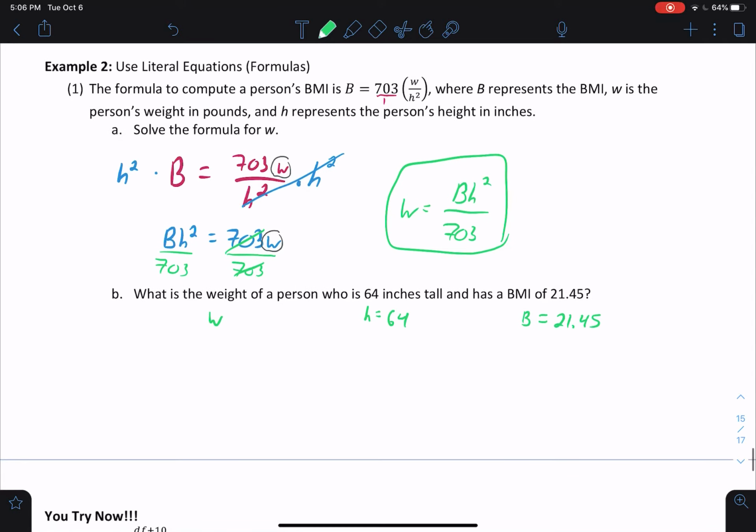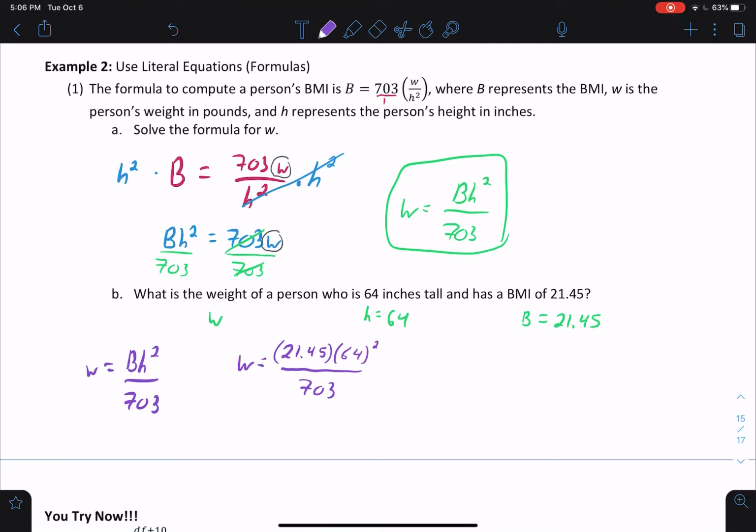I'm going to take this equation that I just solved for, W equals B times H squared, all over 703, and I'm going to plug in what I know. I'm trying to solve for W. I know that the body mass index, or B, is 21.45, and I know that the height of the person is 64, and I square that, all over 703.